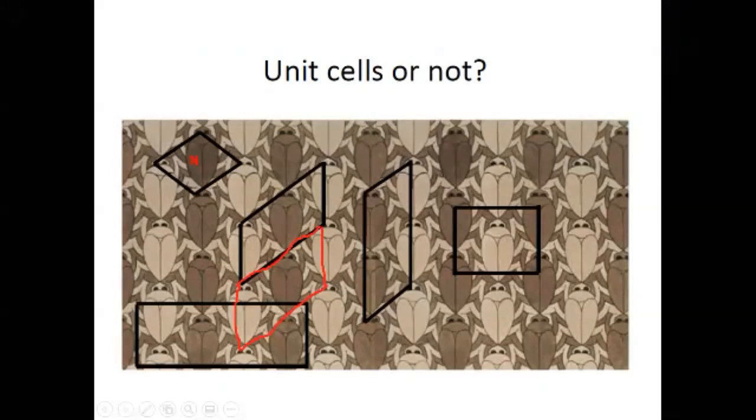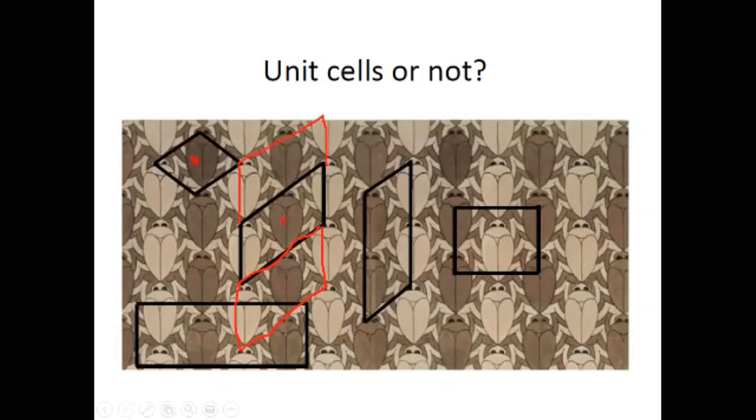And likewise, if we go up and come down, we would again have the exact same copy. So this one is a valid unit cell.